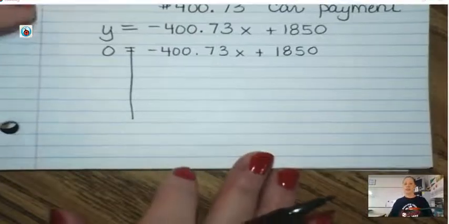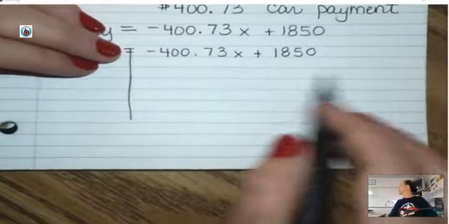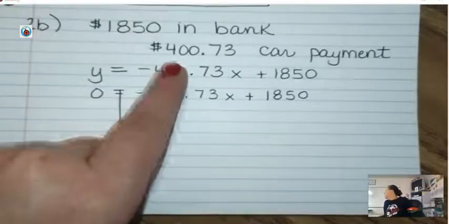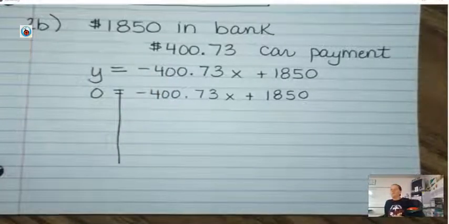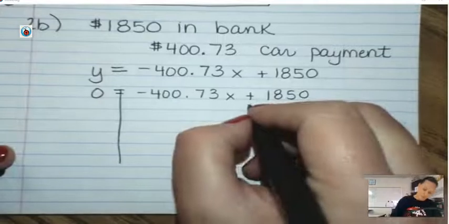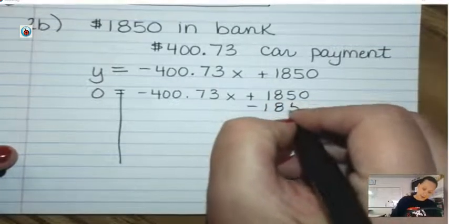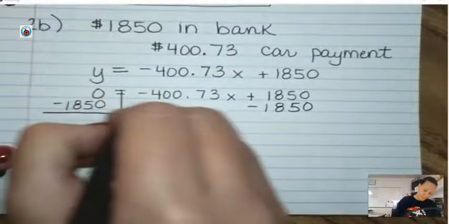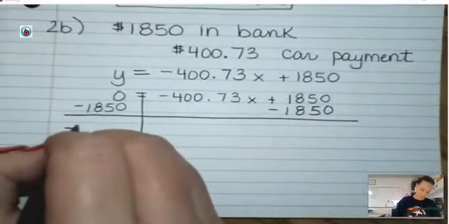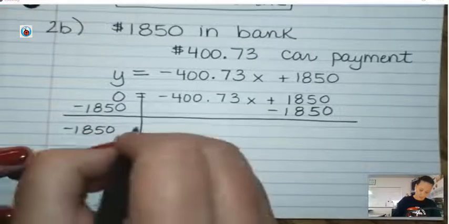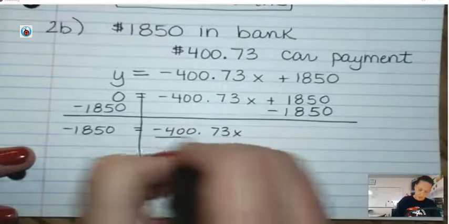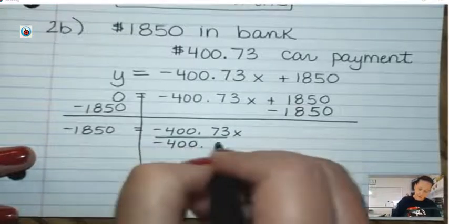Look at the side that has the x. Get rid of the constant. Because that money's coming out each month, so they're deducting it. So first, minus the $1,850. And then divide by your coefficient.